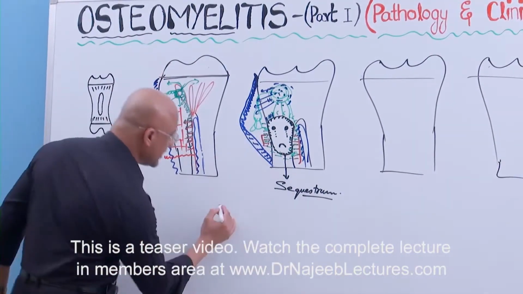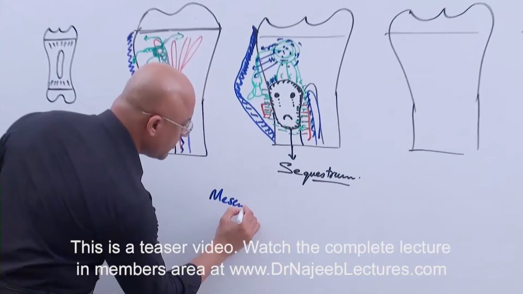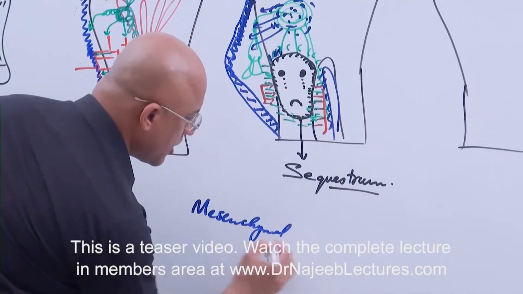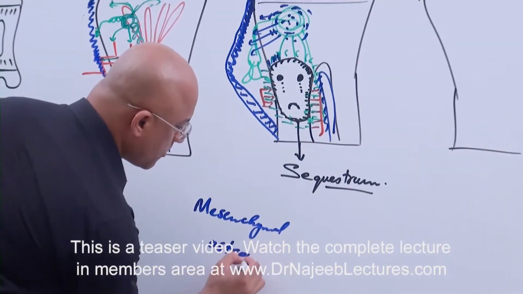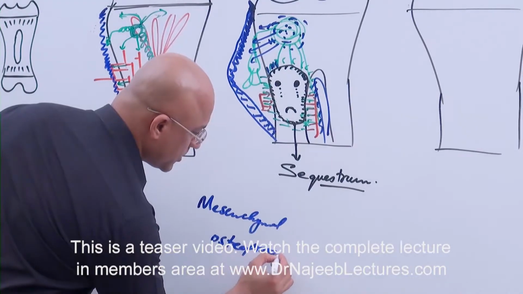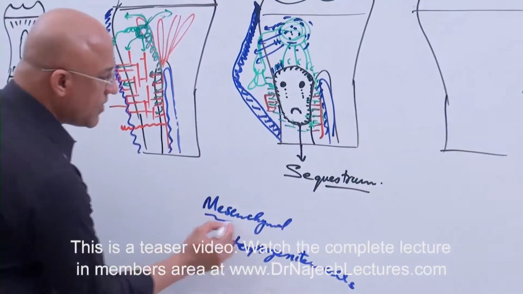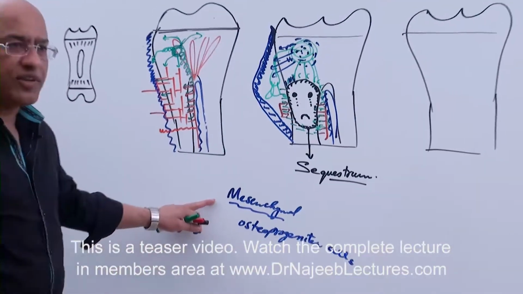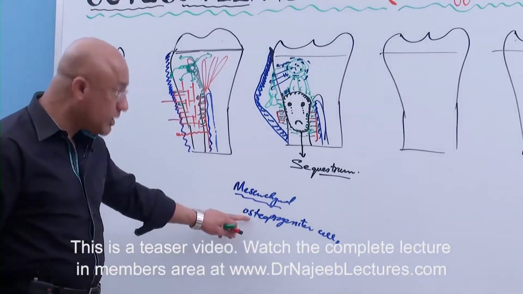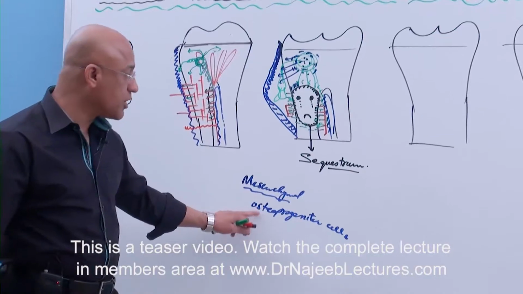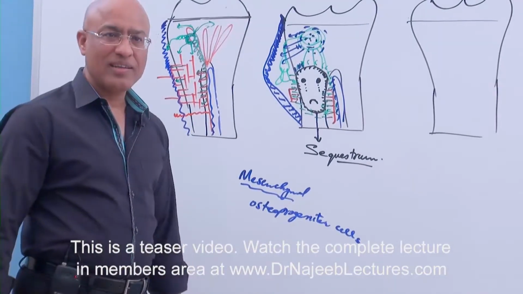These are mesenchymal cells, not well differentiated, but if they differentiate, they can produce bone, right?